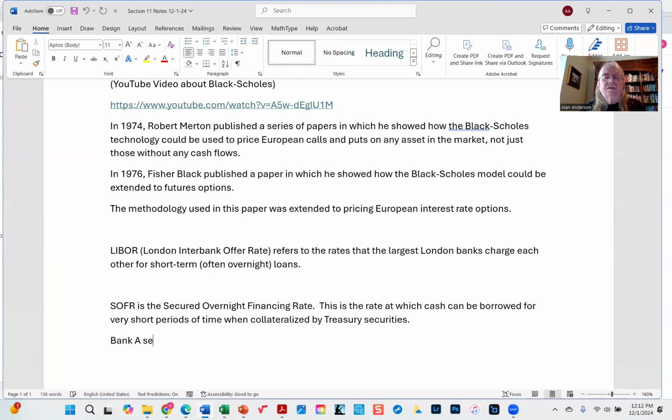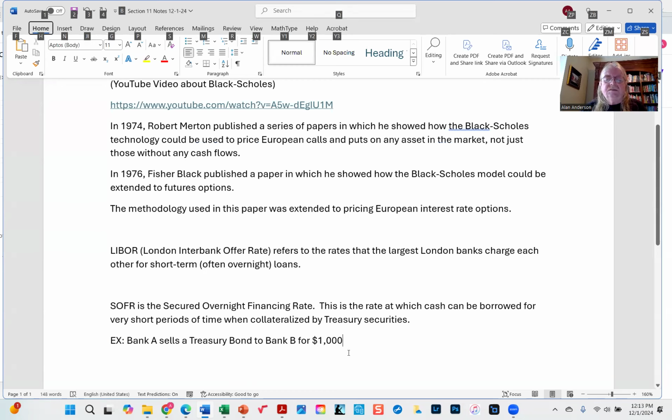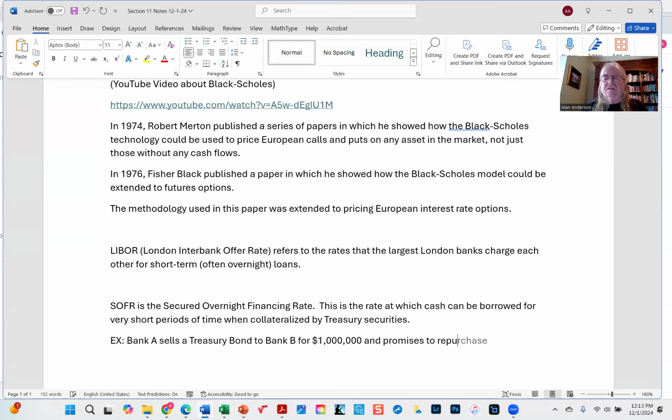Bank A sells a treasury bond to Bank B, let's say $1 million, and promises to repurchase it, let's say the next day, for, I don't know what would make sense. It says here 4%, but that's for an entire year.